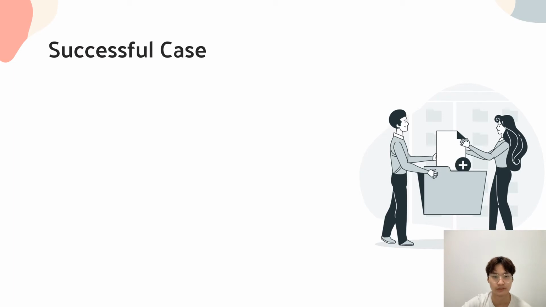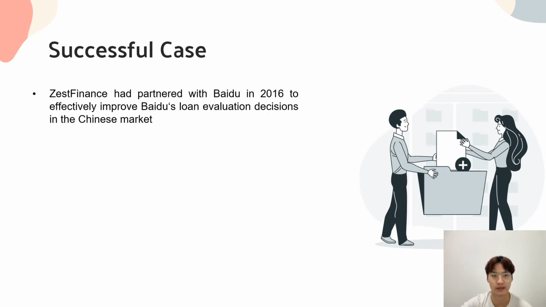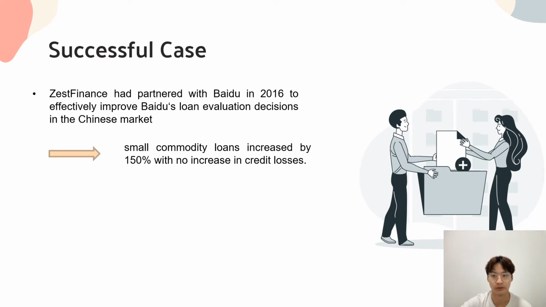There are 2 successful cases. For the first case, Zask Finance helped to improve Baidu's loan evaluation decisions in the Chinese market. By using some machine learning models, in just 2 months, Baidu's total small commodity loans increased by 150% with a low increase in credit losses.